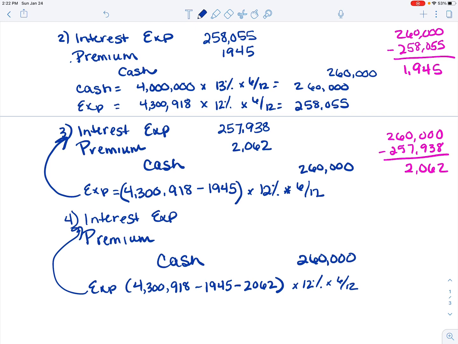If you do all that math, it should come to $257,815. We're going to do some subtraction again.